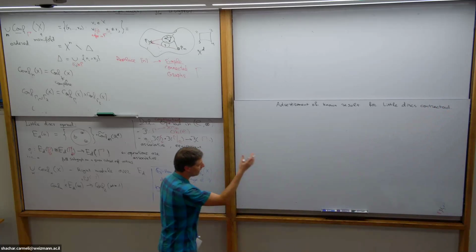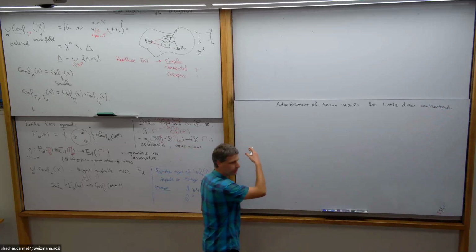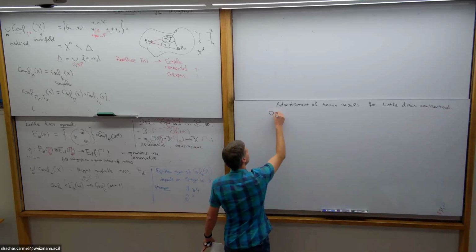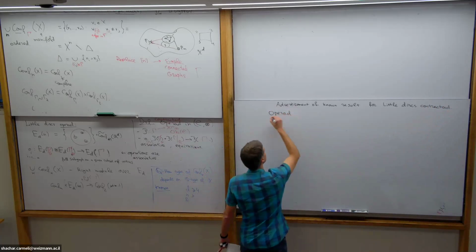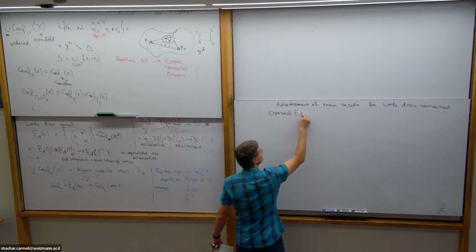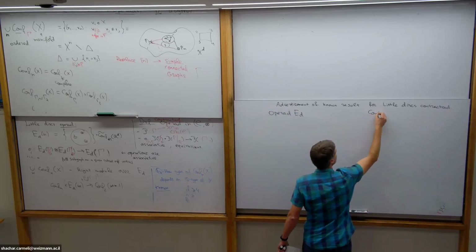I will do it together with the comparison of what is known for the little disk operad. So here will be operad, E_d, and here will be contractad.